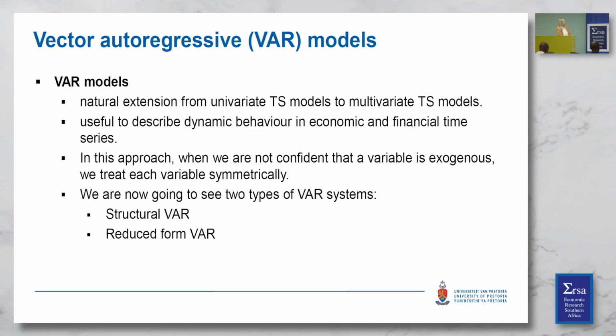When we're not confident that a variable is exogenous, we treat all the variables symmetrically, so all of them can be on the left-hand side. What we discuss here is the application of a reduced form VAR. So in this section, we don't discuss the structural VAR.